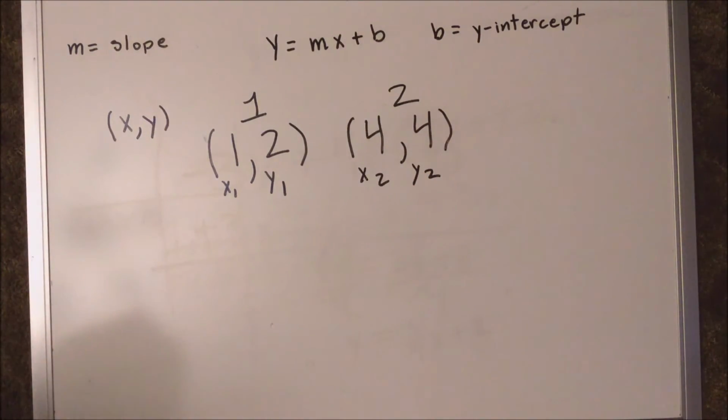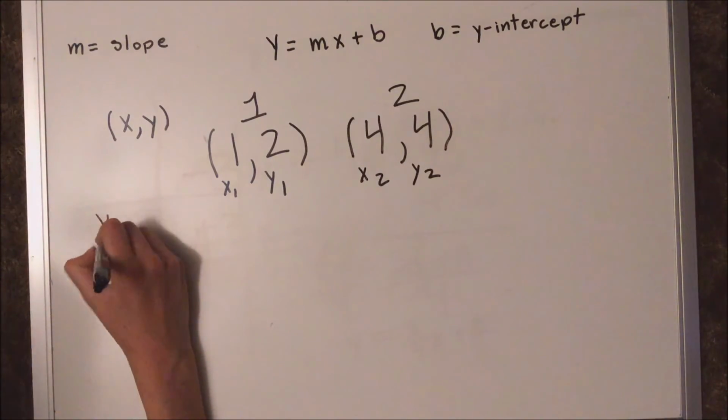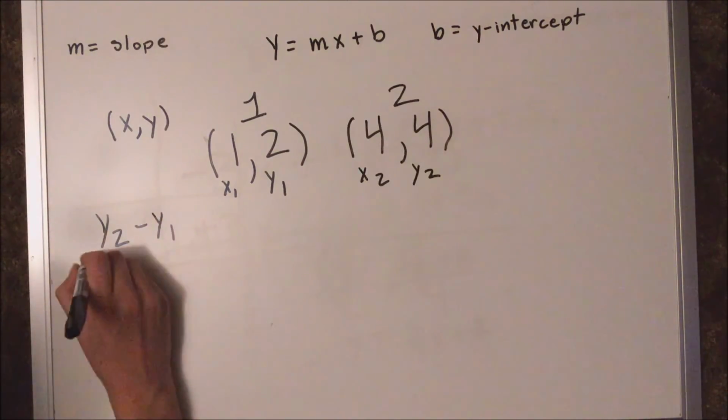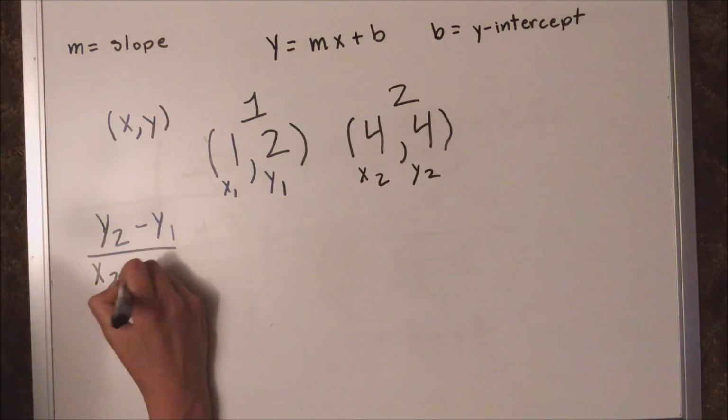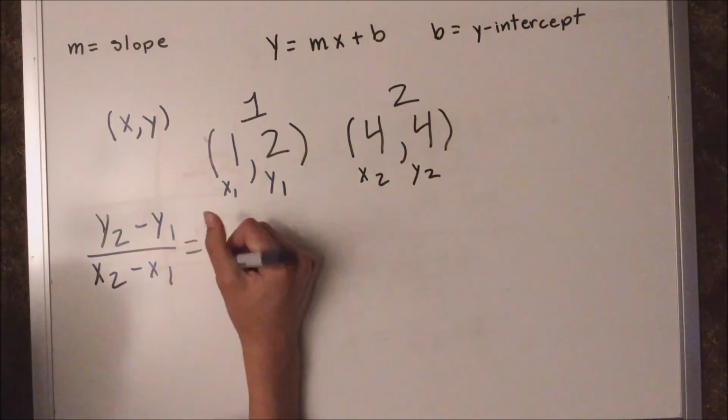Now, the equation that we need to do for getting the slope from a point is y2 subtract y1 over x2 subtract x1. And this equals our slope.